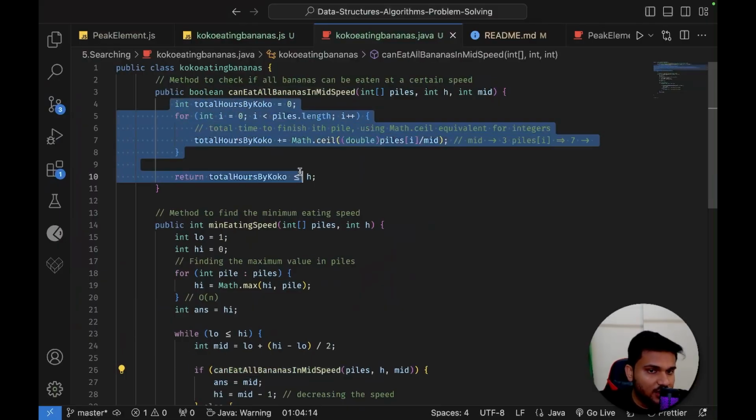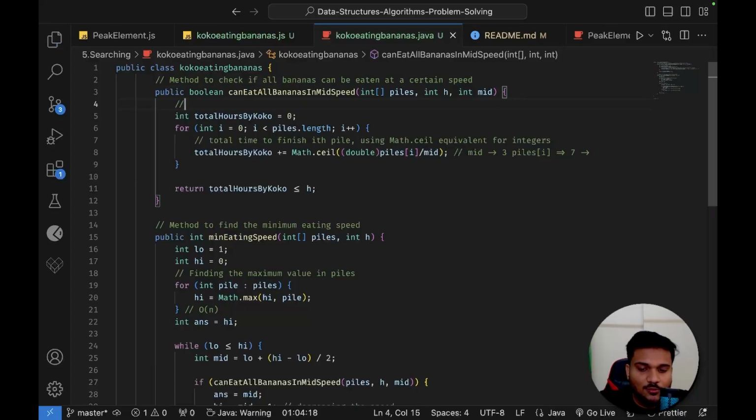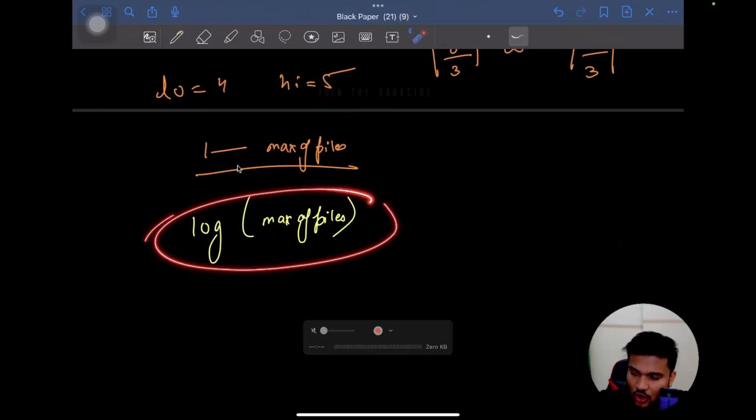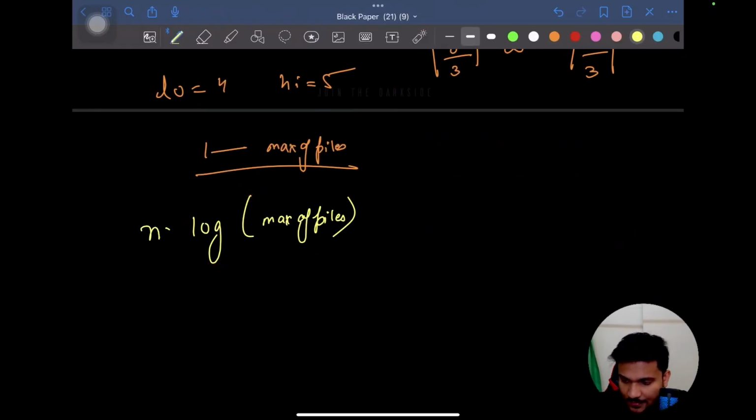This function call is iterating over the whole array, so the time complexity of this function is order of n. So in every call you have an order of n loop as well. So you can see n plus n log of max of piles.